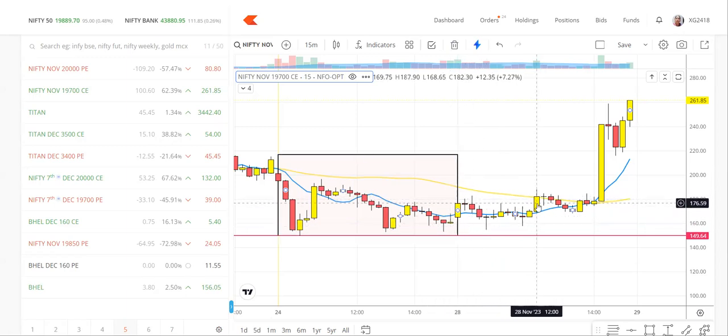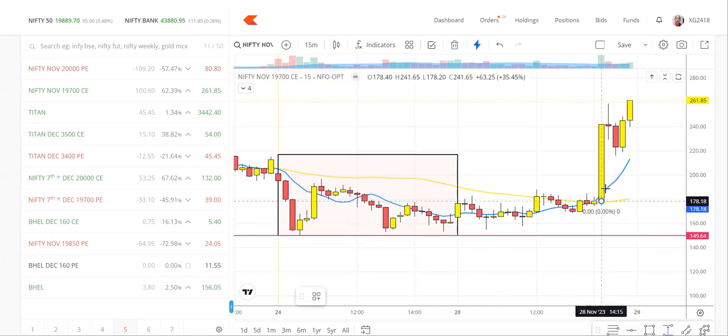So it stayed in a range. Once it started crossing above the 180, it started an exponential move.